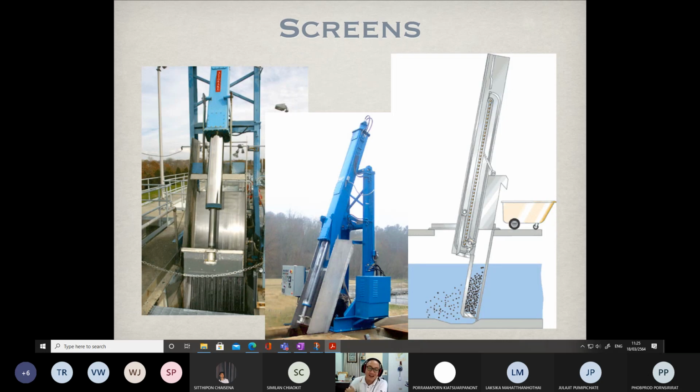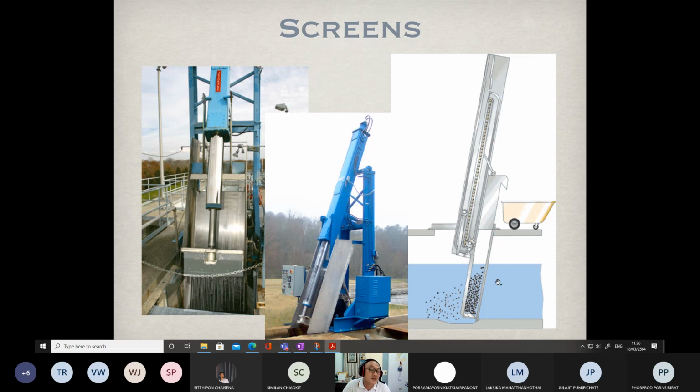How does the screen look? This is a photograph of the screens used at a wastewater treatment plant. The screen is installed in a channel like this. If we take a look at the cross section of this equipment, you will find how it works.